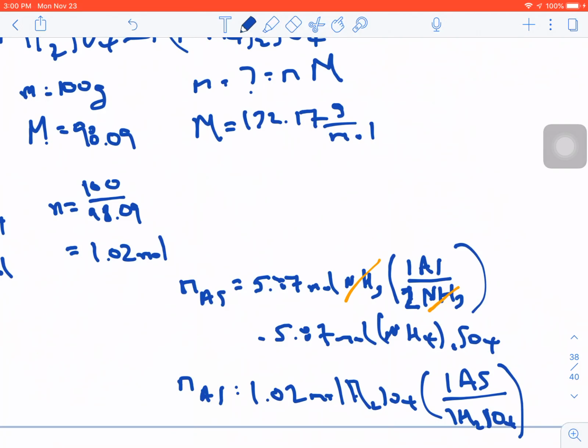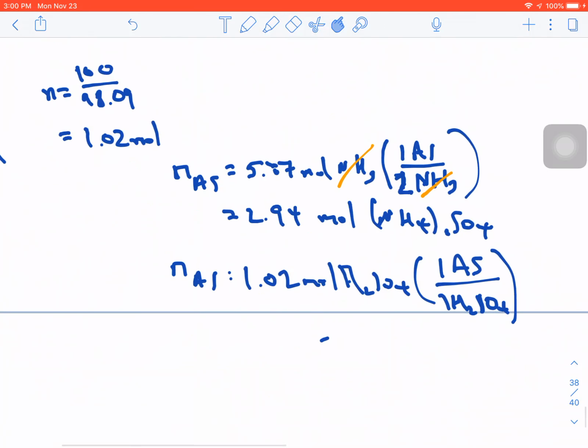Right, and what that does is it changes my answer here to 2.94 moles of ammonium sulfate. Now down here, I'm getting 1.02 moles of hydrogen sulfate.